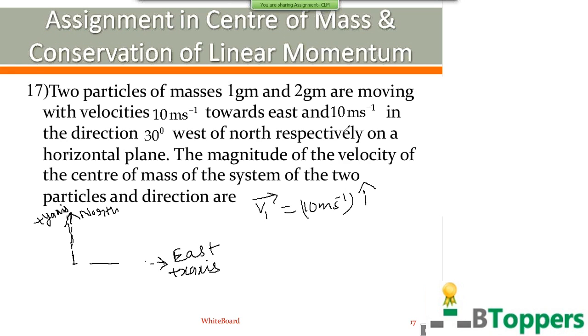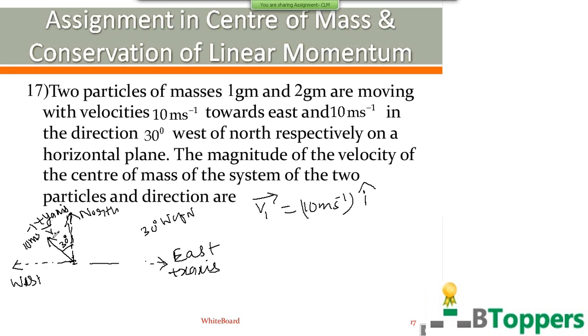The velocity of the second particle is given as 10 meter per second in the direction 30 degrees west of north. That means the velocity of the second particle, denoted by v2 bar in vector form, has a magnitude of 10 meter per second and makes an angle of 30 degrees with the north direction. 30 degrees west of north means 30 degrees with the north direction, inclined towards west.